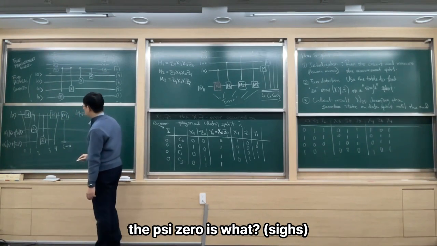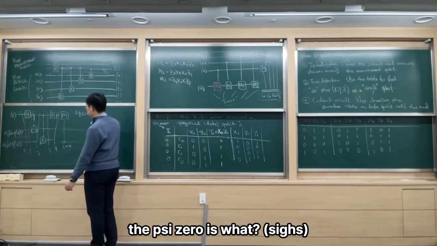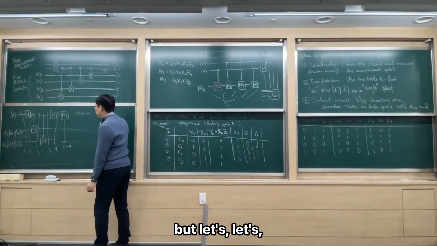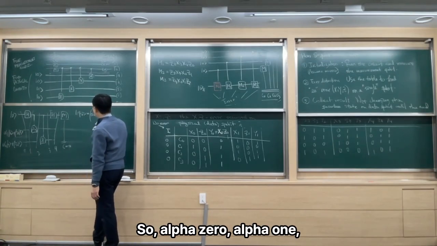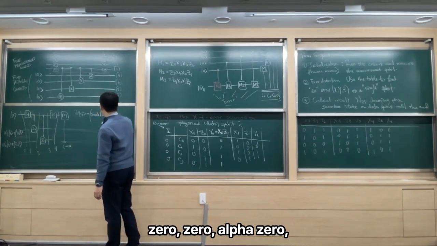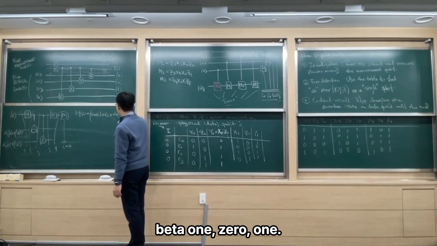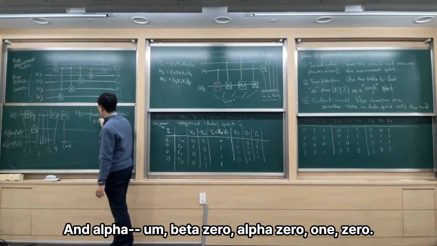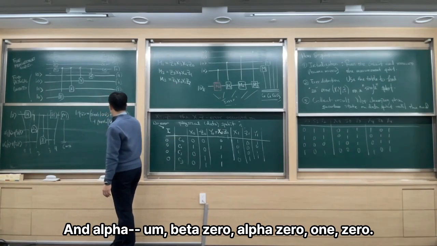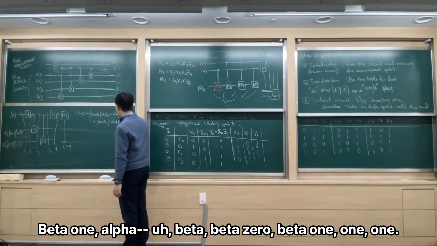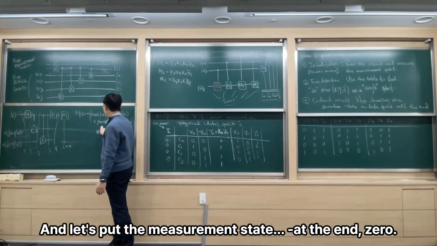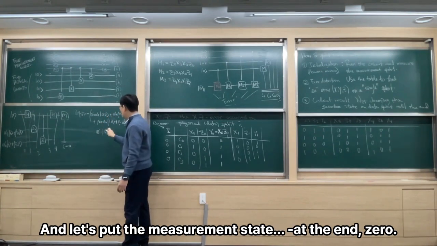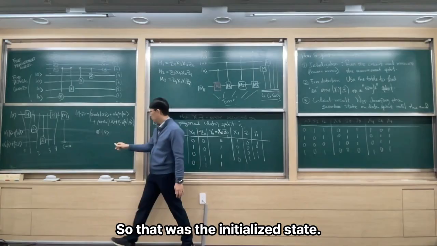At the beginning, the state is what? It's getting complicated, but let's do it at least once. So alpha 0, alpha 1, 0, 0, alpha 0, beta 1, 0, 1, and beta 0, alpha 0, 1, 0, beta 1, alpha, beta 0, beta 1, 1, 1. And let's put the measurement state at the end, 0. So that was the initialized state.